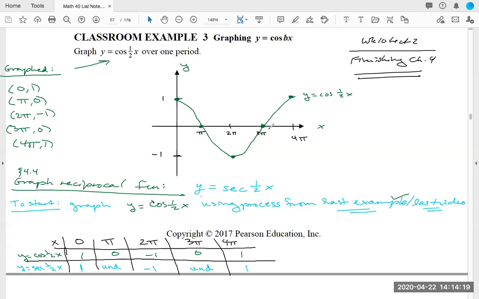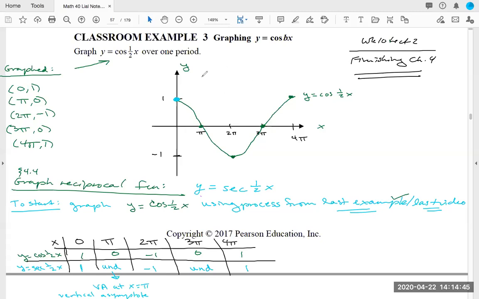I'll look at that in further detail in a second, but here's how your graph looks. Okay, so you see this? I have 0, 1. I have an undefined at pi, that's a vertical asymptote at x equals pi.